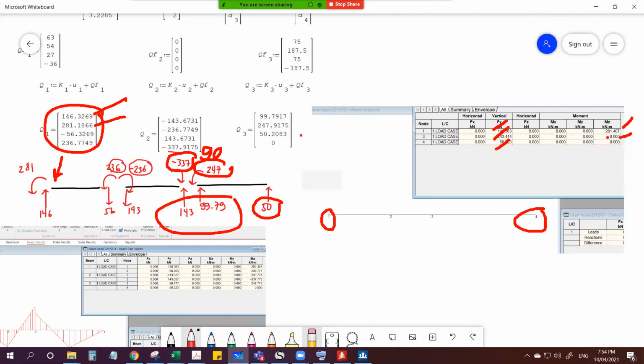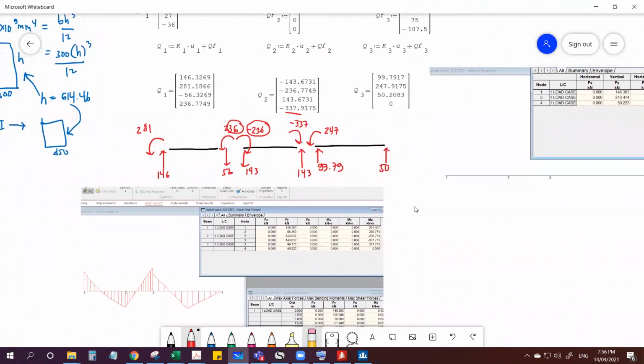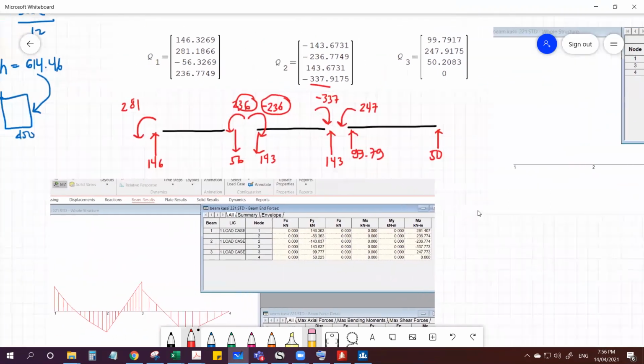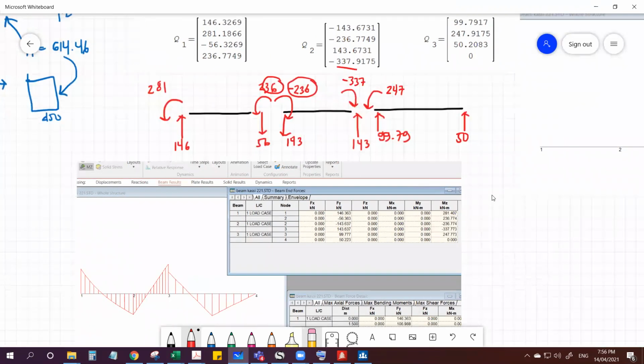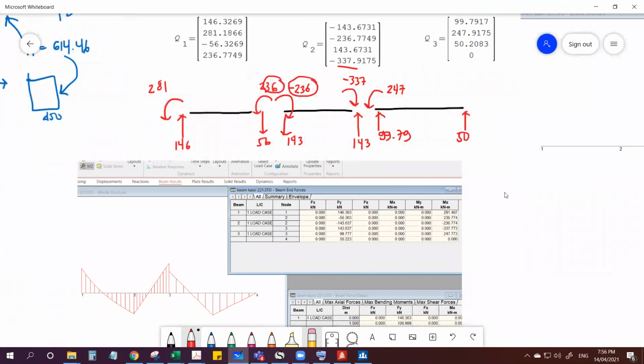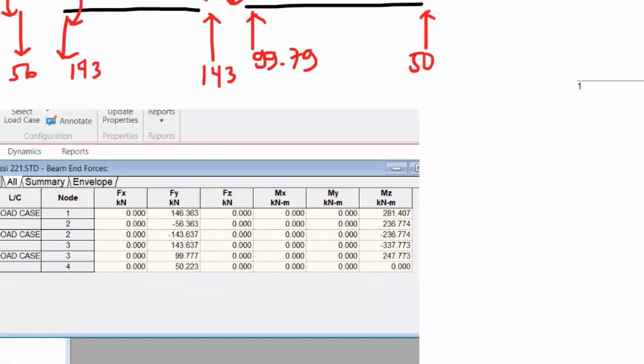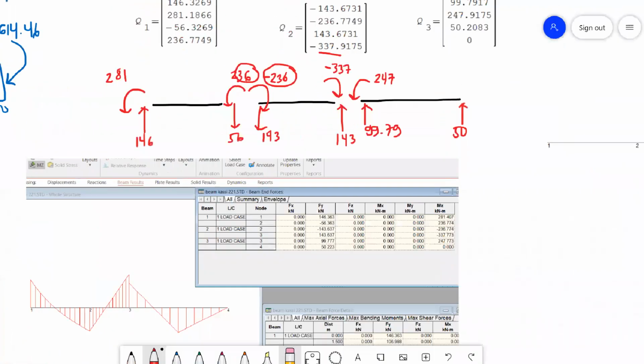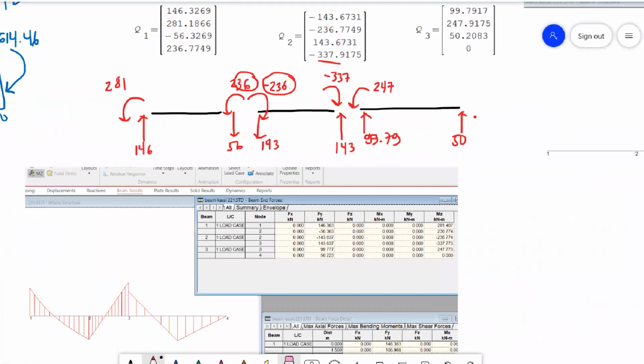50.0203. Just this. Okay, how about for member forces? Let's check the consistency. Okay, so member 1, we have 146 and 281. And node 2, we have 56 and 236.